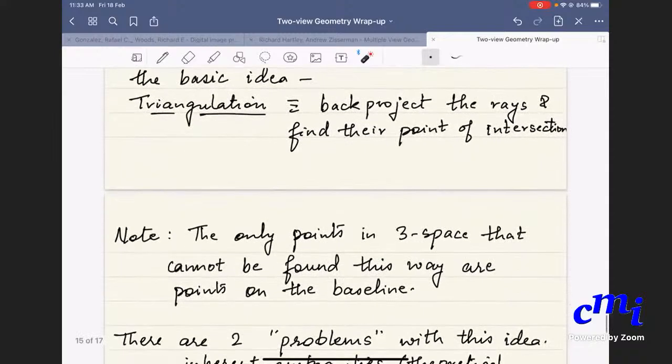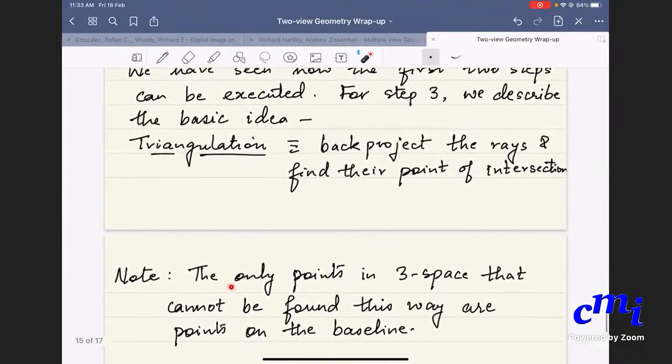But before I go ahead, the only points in 3-space that cannot be found by this idea are points on the baseline. And you remember what the baseline is? So in this configuration, we have the line joining the two camera centers.